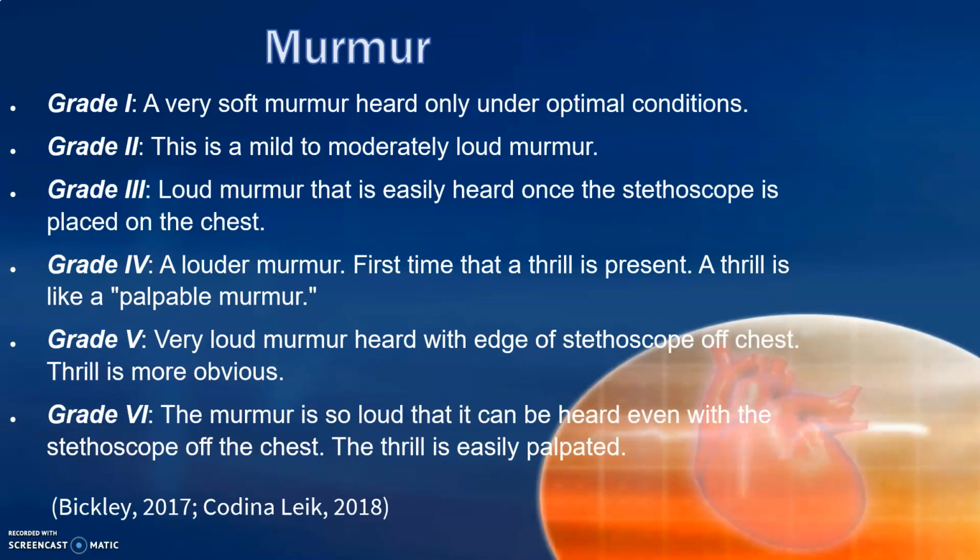But grade 6 is even louder. It can be heard with the stethoscope off the chest completely, while grade 5 is heard with only the edge of the stethoscope off the chest. So make sure that you can distinguish between both. From grade 1 to 3, 1 we said is very soft, 2 is mild to moderate, and grade 3 is loud. That can be heard with the stethoscope. So it's in grade 3 that you easily hear it with the stethoscope.